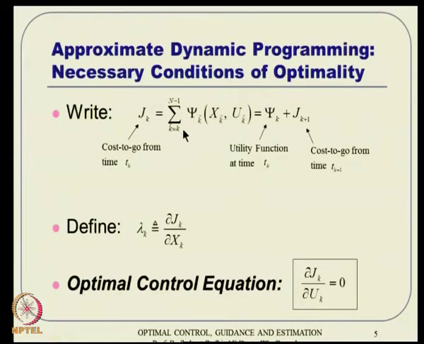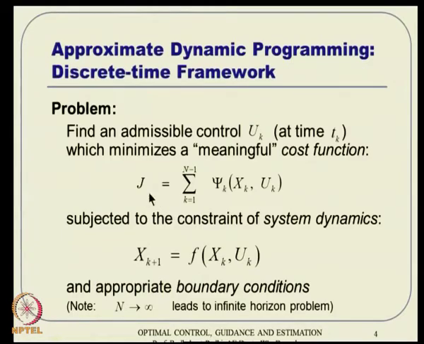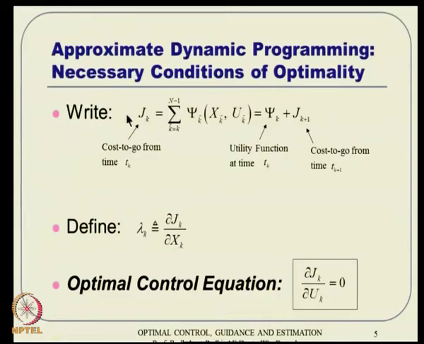Alright, the first thing is this J. We start from J_k. Remember, k starts from 1, or you can define J_k starting from k itself, wherever that is, up to n minus 1. So, we define this cost to go from time t_k as J_k.